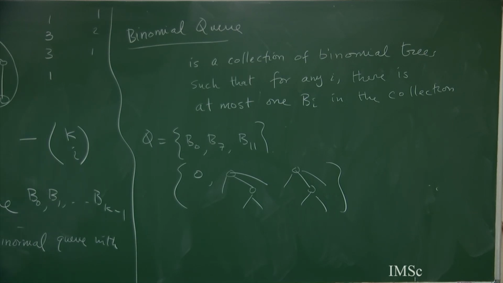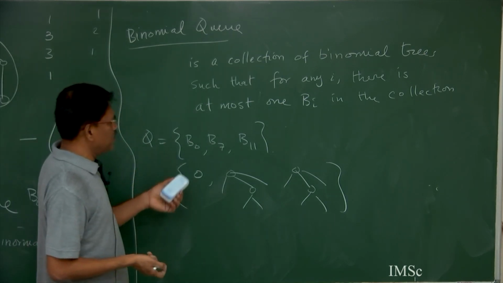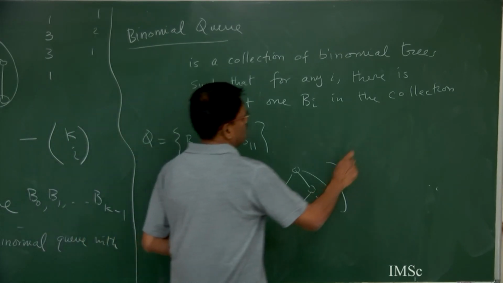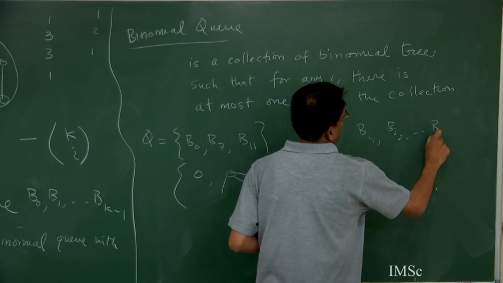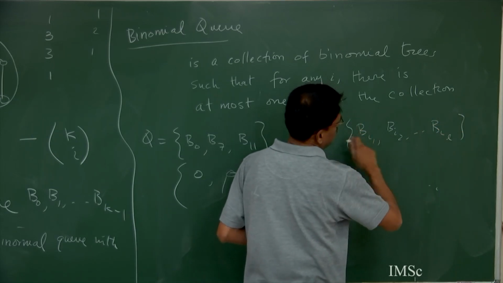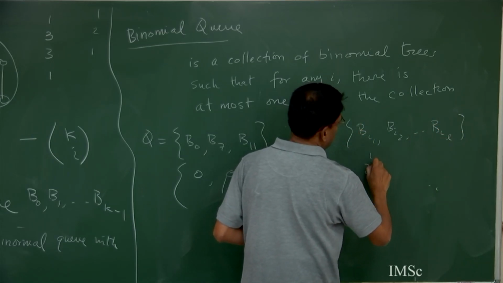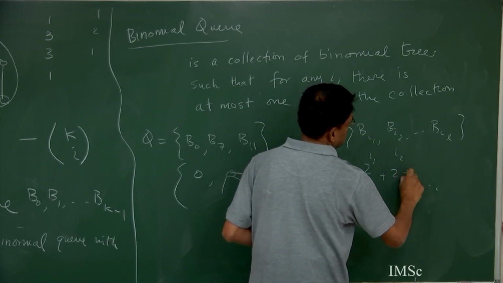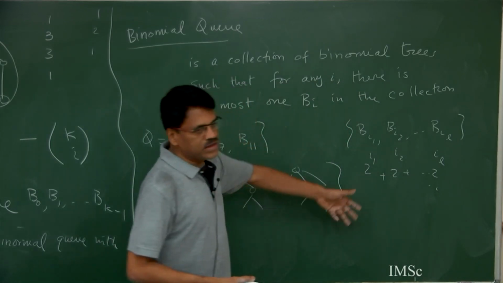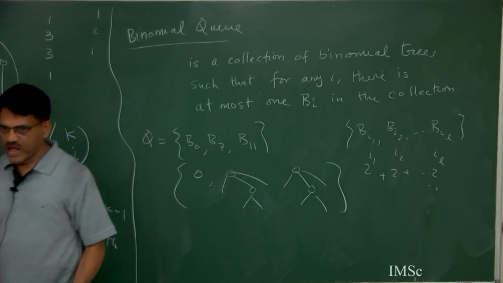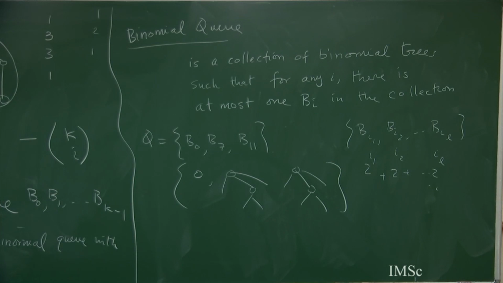If I have a binomial queue with some Bi1, Bi2 up to Bil, then the number of nodes would be 2 to the power i1 plus 2 to the power i2 plus so on. So, if I want n as a sum of powers of 2, what you do is just take your binary representation.